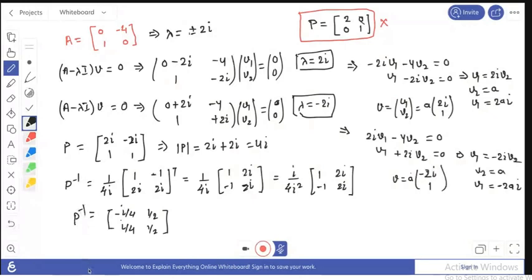You can write this form, or you can write this also, no problem. So this becomes y1 square over c square plus y2 square over (c by 2) whole square, equals 1.